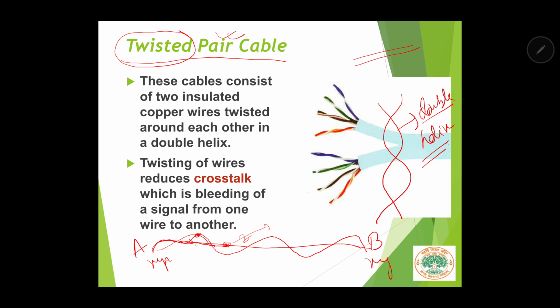This phenomenon of bleeding of a signal from one wire to another is referred to as crosstalk, and crosstalk is not a desirable phenomenon. In order to prevent this leakage from one wire to another, these cables are twisted around each other. So here, if I send XYZ, even if Z gets leaked somehow, it will be caught by the second wire.